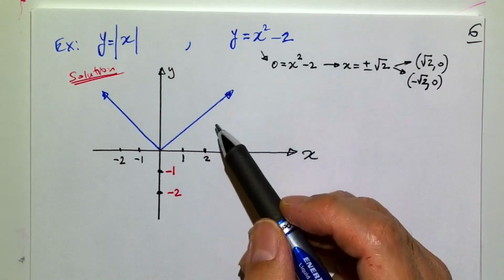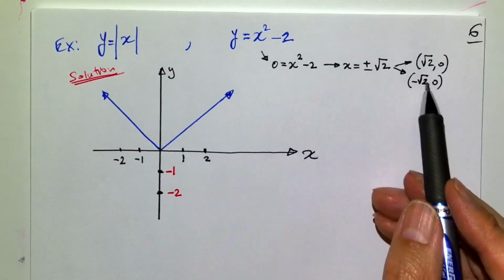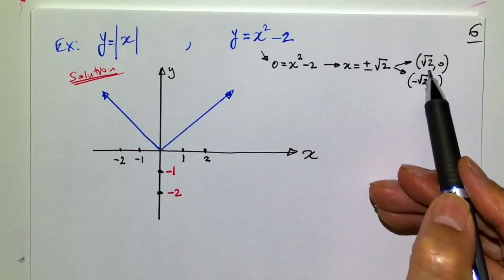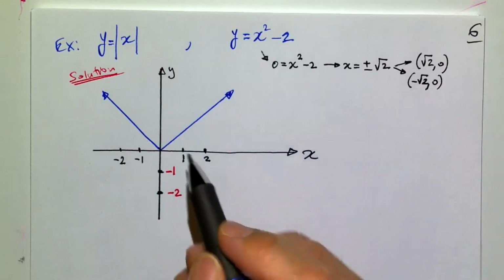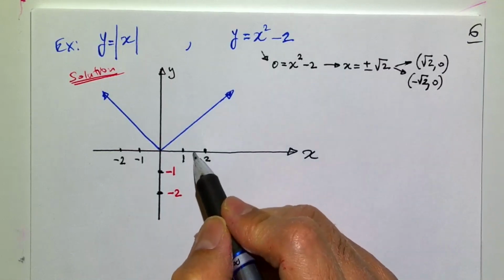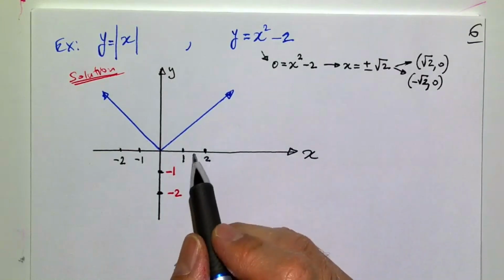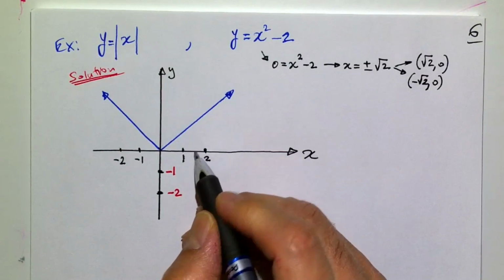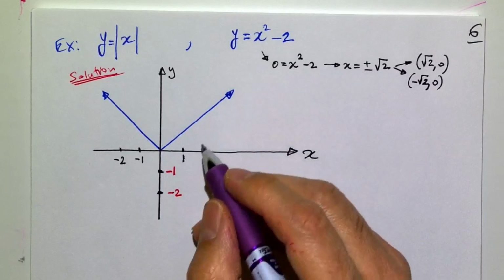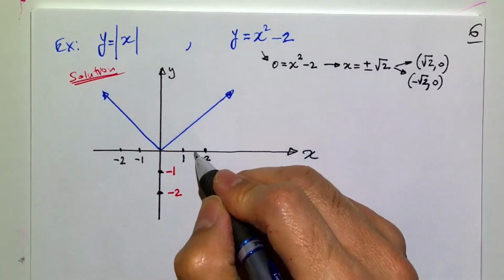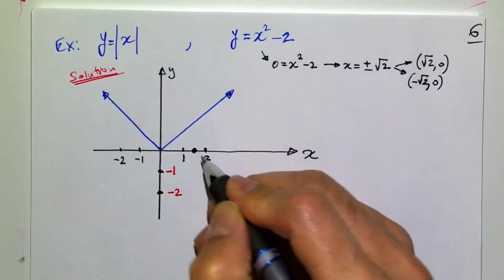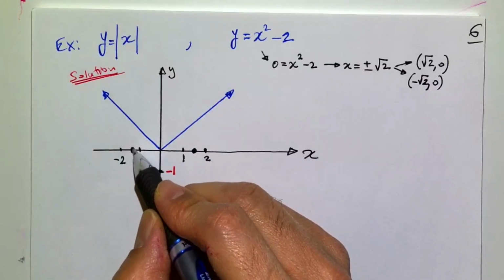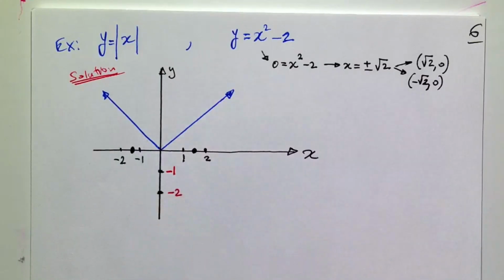So that would be somewhere around 1.4. It is this irrational number around 1.414. So the x-intercepts would be somewhere here, and then also on this side, somewhere here, roughly.